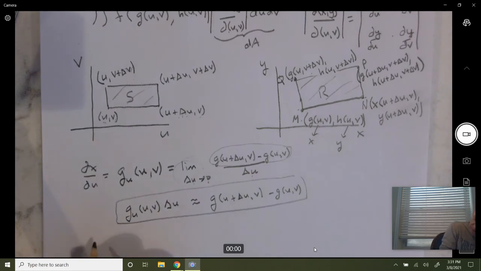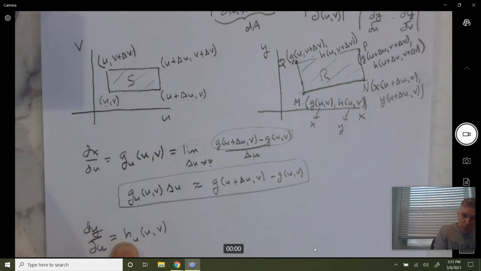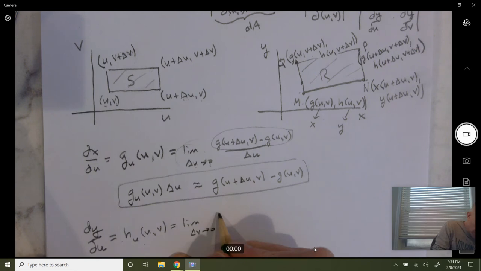Now we're going to do the same thing here with the dy du, which is your h_u of (u, v). That's the u partial derivative of h. Remember, h is your y value. And that's going to be equal to the limit as delta u goes to 0.